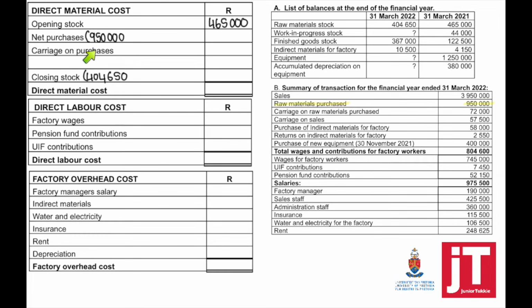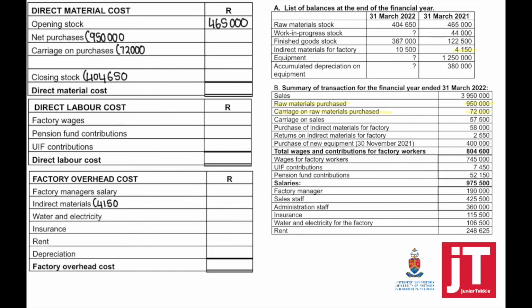Where do we take it? To direct material cost, net purchases. Carriage on raw materials purchased, 72,000. Again, I'm writing it in brackets because there might be an adjustment, which means we need to adjust these totals. Then we've got carriage on sales. It has nothing to do with these cost accounts.